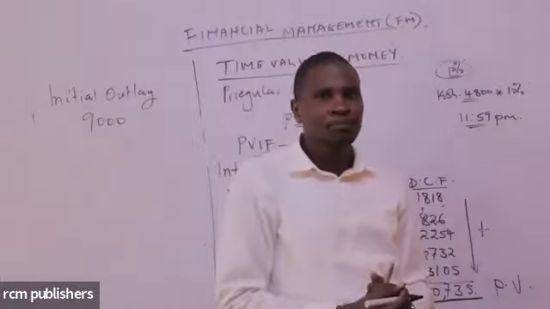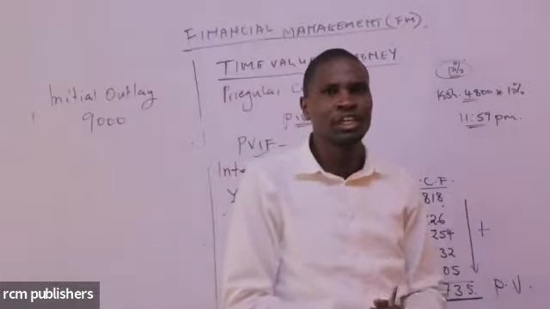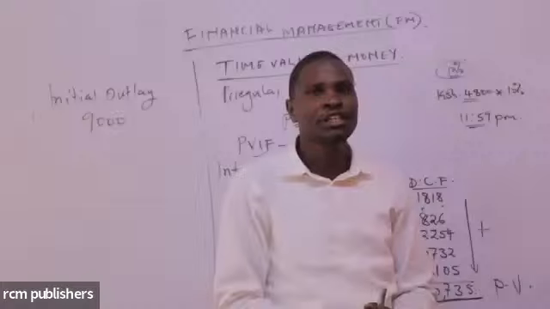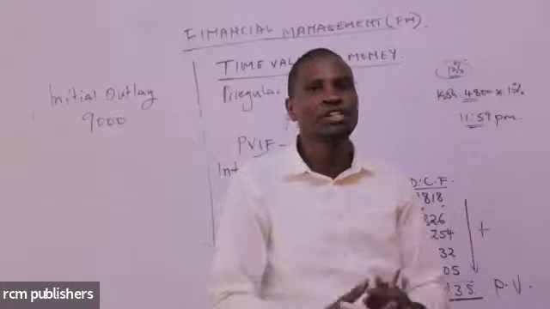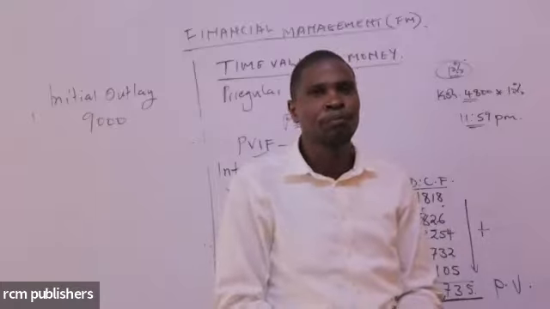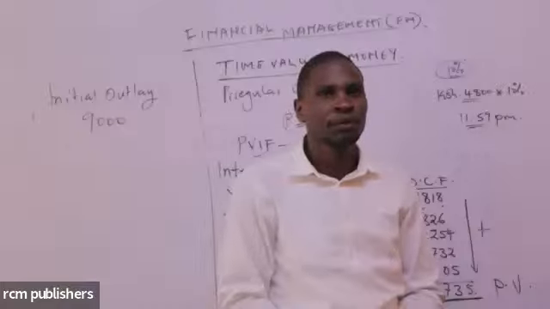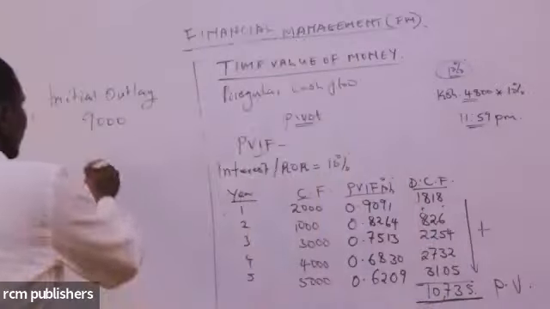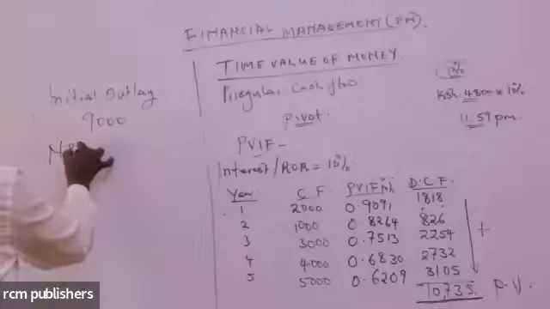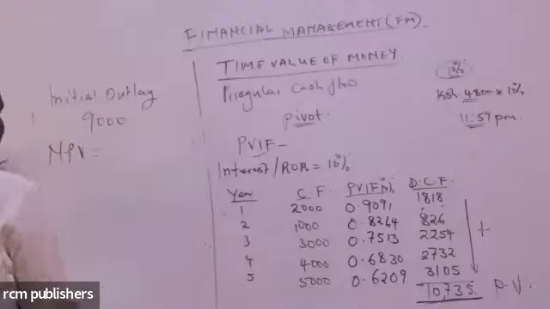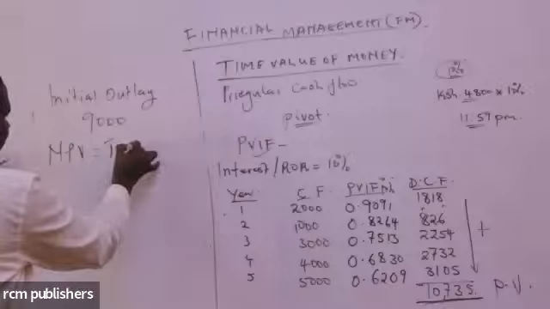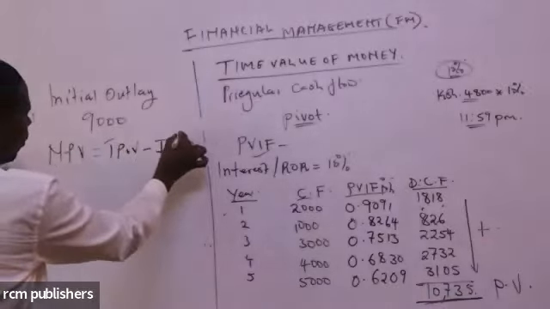So Brian wanted to know whether this project would be viable or profitable at the end of the day. He can determine whether the project is profitable using this appraisal technique, the NPV. So you take the total present value minus the initial outlay.